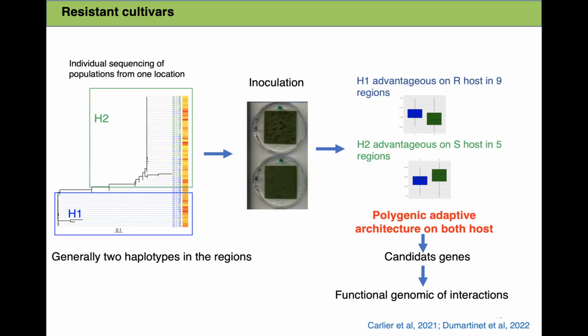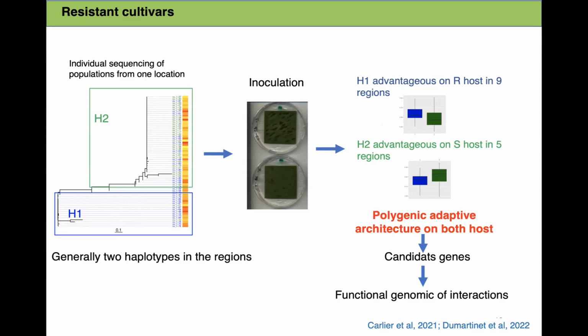And we found that the isolates having the haplotype we call H1 were more pathogenic on the resistant host. As you can see here, you have the level of the disease, and you see that the distribution for the isolates coming from the resistant cultivar is significantly higher. So we found this in 9 regions.